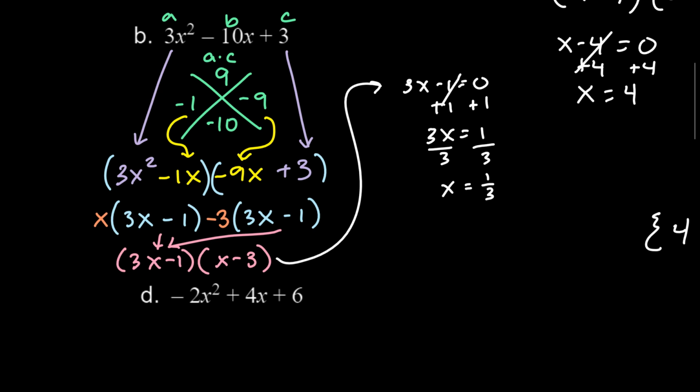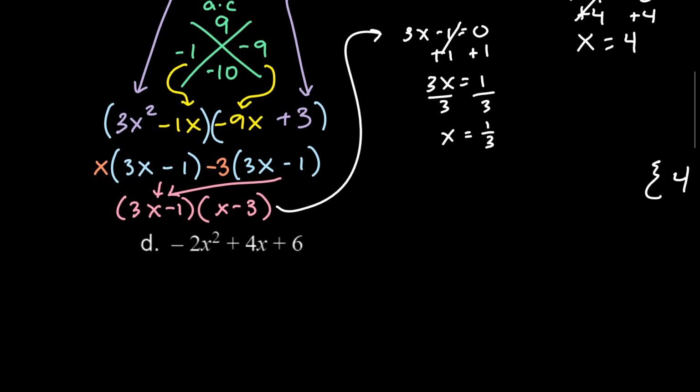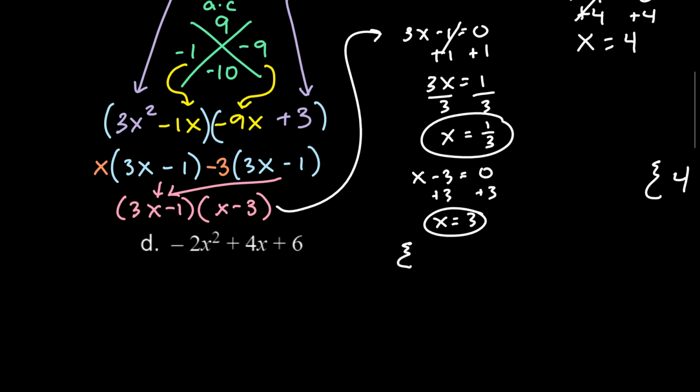Most of you can probably do that in your head. And then x minus 3 set equal to 0, and we add 3 over. x is 3. So our solution set is what here? Yeah, 1/3 and 3. Does the order matter? No, doesn't matter.